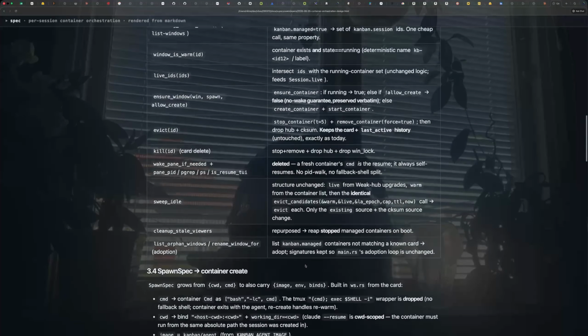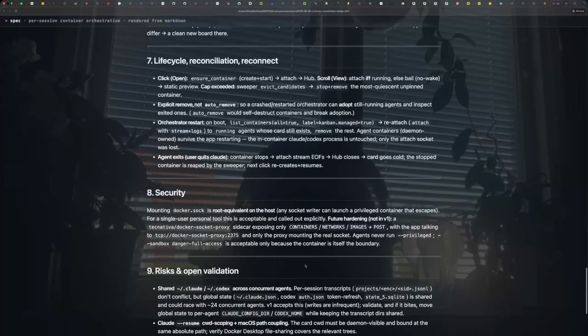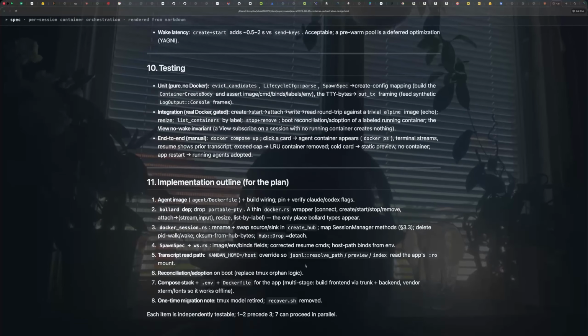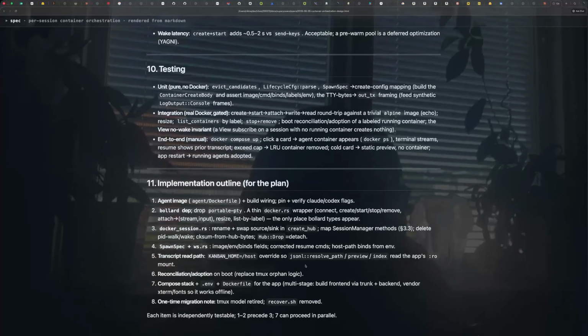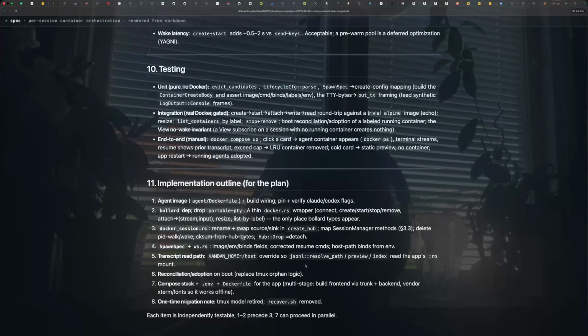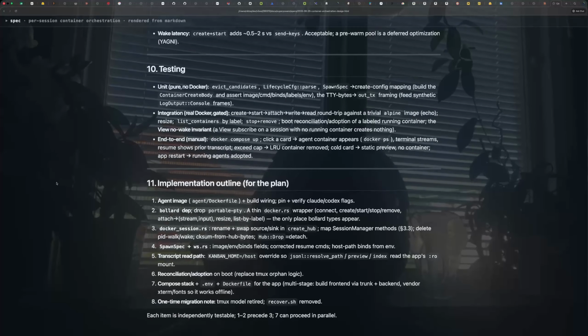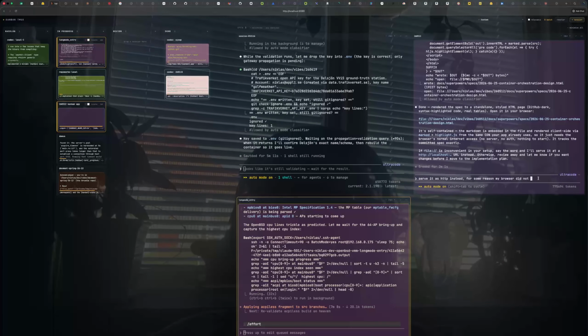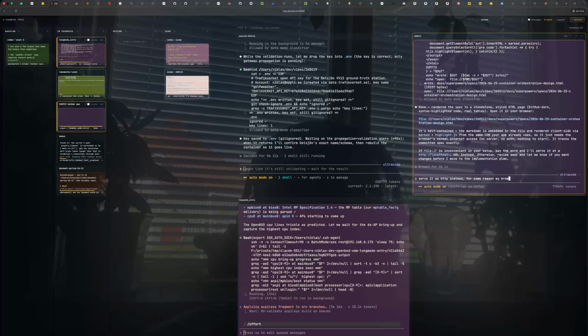Looks great. Security. Yeah. This looks very good. I think we're done there for today. Remove that.